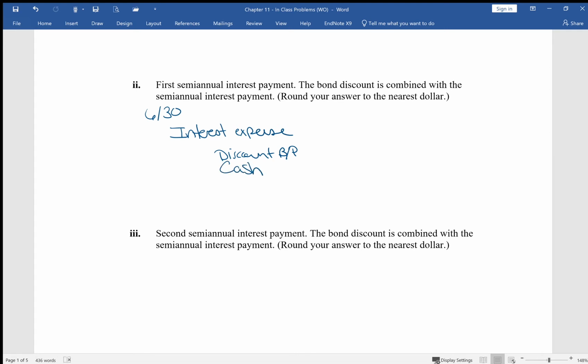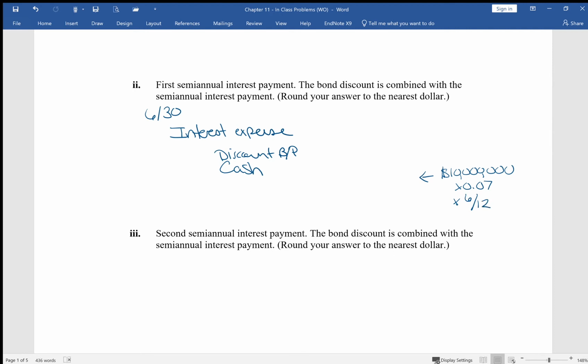Okay, so the easiest one to figure out is how much cash we're going to pay out. The cash is the actual money going to the lender. And we base that on the face value of the bond payable, which is $10 million, the rate on the bond payable, which is 7%, and the amount of time outstanding, which is 6 months out of 12 months.